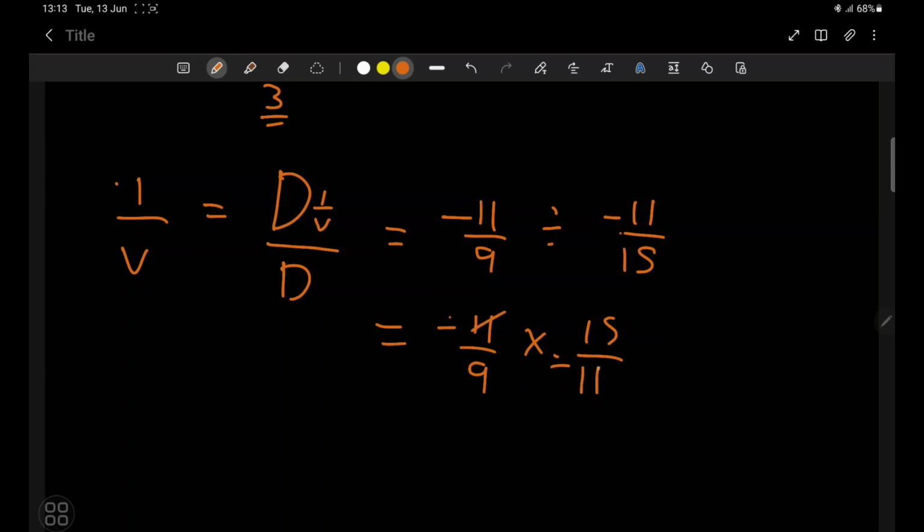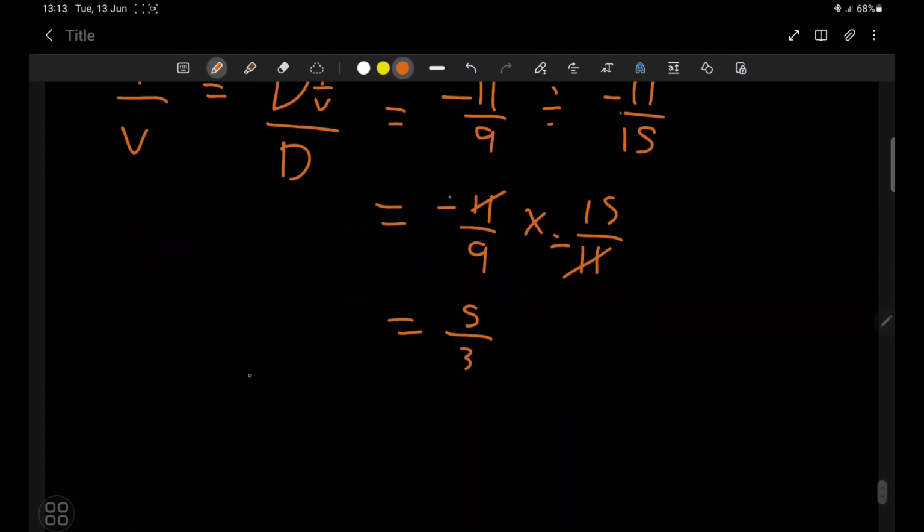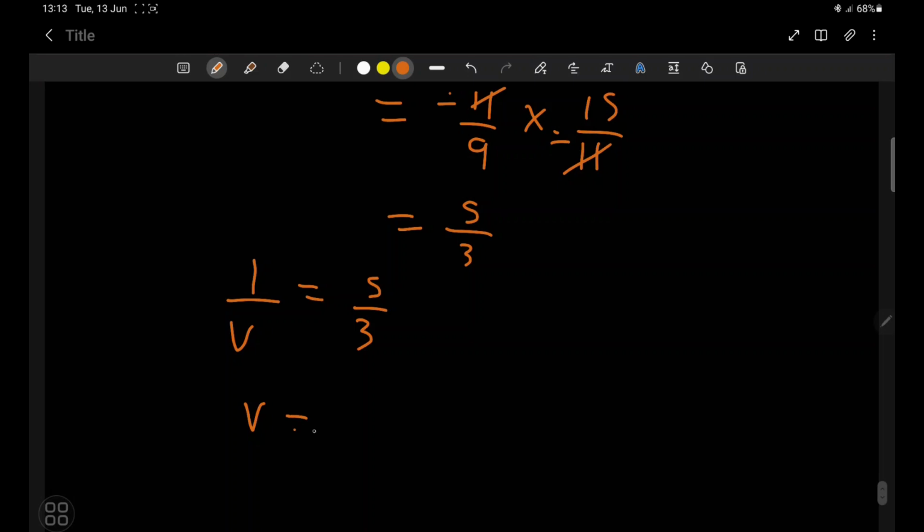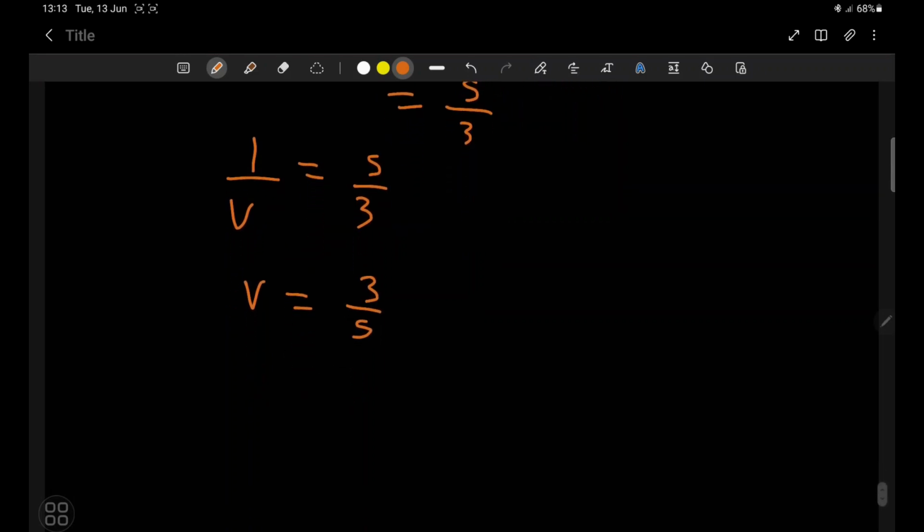So this can divide, then we can simplify 3 into 9, 3 into 15, so that is 5 over 3. Then we're saying 1 over v is equal to 5 over 3. So reciprocating this, we just have v is equal to 3 over 5. So finally, our values are u is equal to 2 over 3 and v is equal to 3 over 5. So these are solutions.